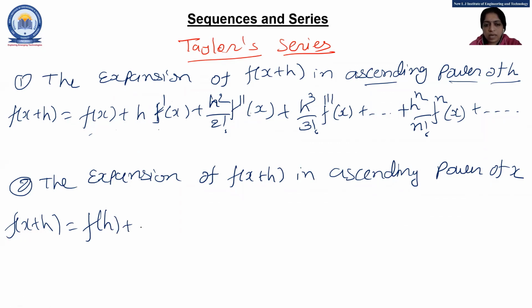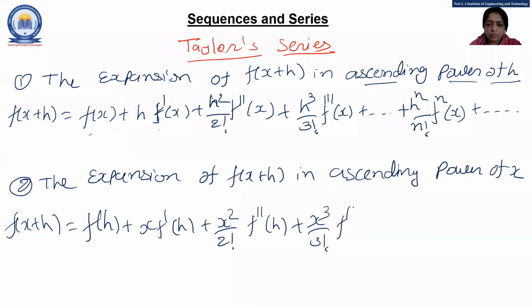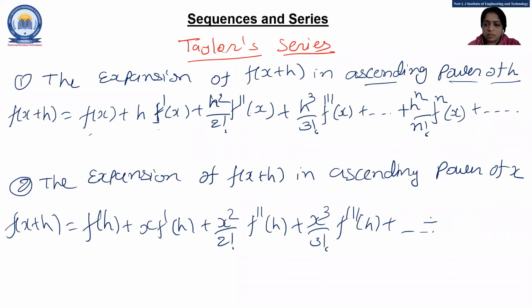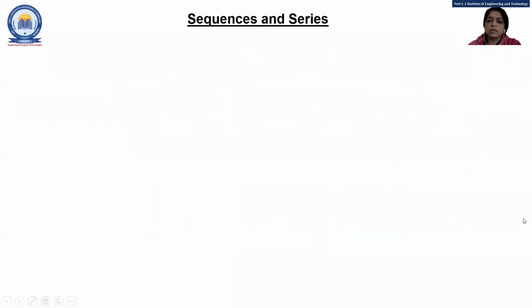So this is x, here f dash h, plus x square by 2 factorial f double dash h, plus x cube by 3 factorial f triple dash h, plus up to x raised to n upon n factorial, the nth derivative of h, up to infinity.